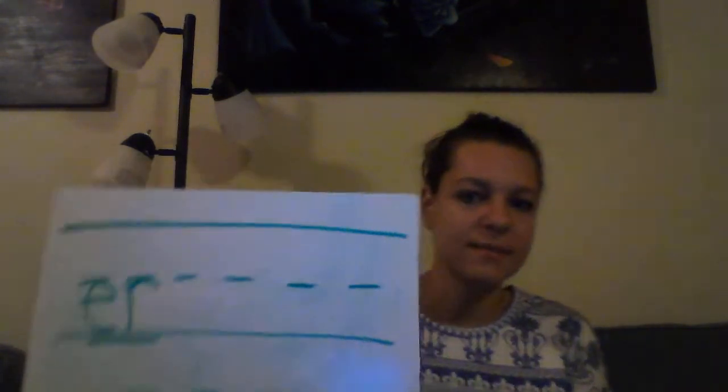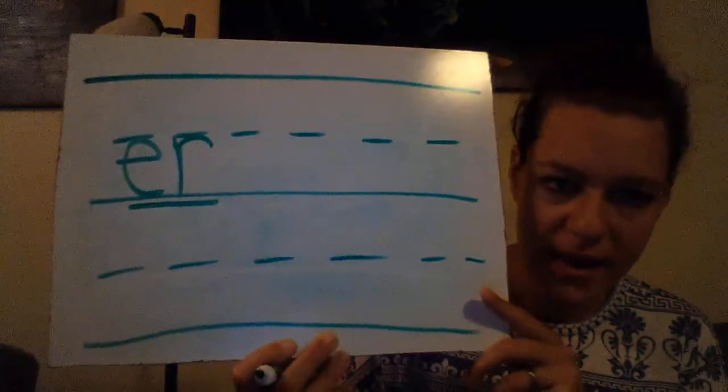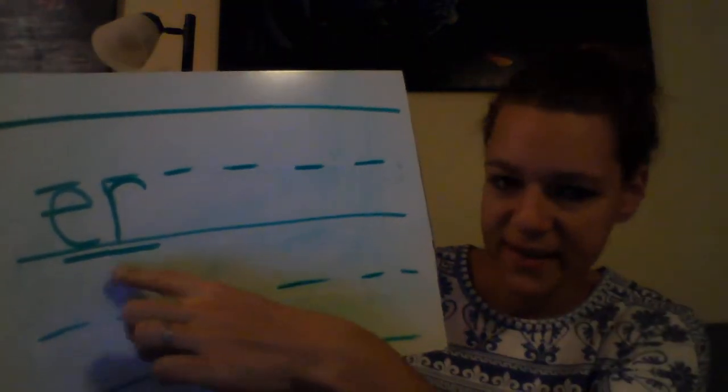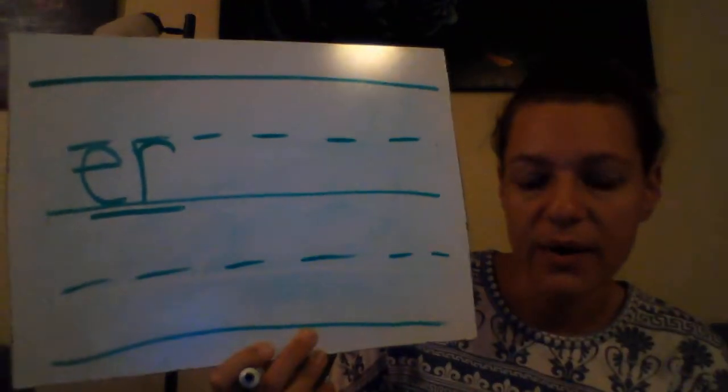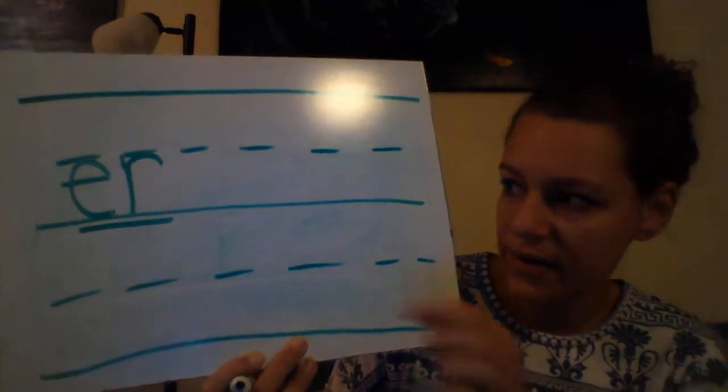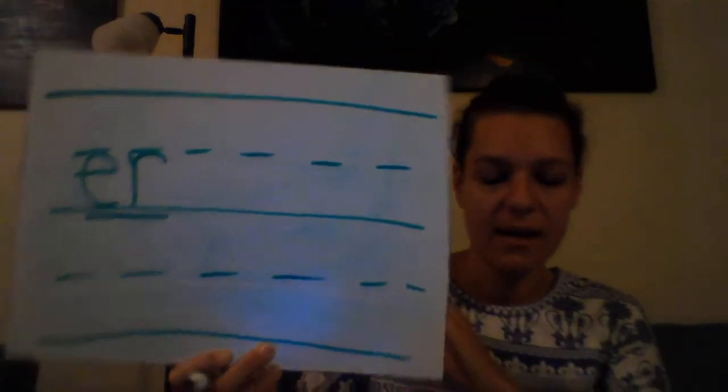All right, so this is what it should look like. And I hope you remembered to underline to show those two letters go together to make that sound. So if you didn't have this for the er of her, go ahead and cross out whatever you had and write this in. Remember, we always want to say the sounds while we write it because that forms connections in our brain to help us remember it more easily.